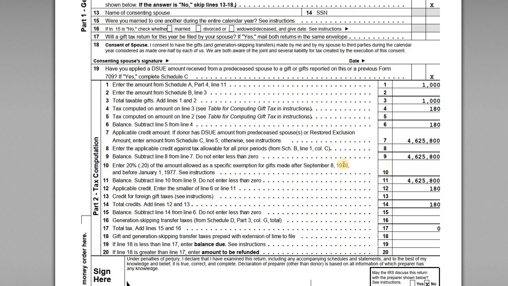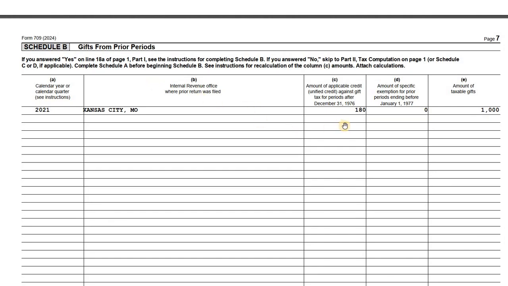So we have the $1,000 in a reportable gift, and we have the $180 of credit that was applied, and those are the amounts that we're reporting on Schedule B. So we've got 2021. Where did we file the return? Which IRS office? The taxable gift amount was $1,000, and the amount of the applicable credit, or unified credit, that was applied against the gift tax was $180.